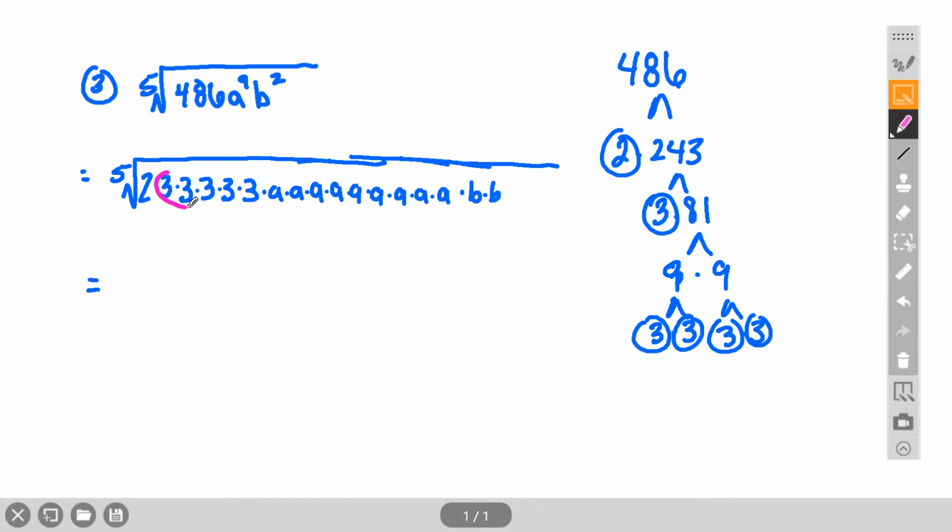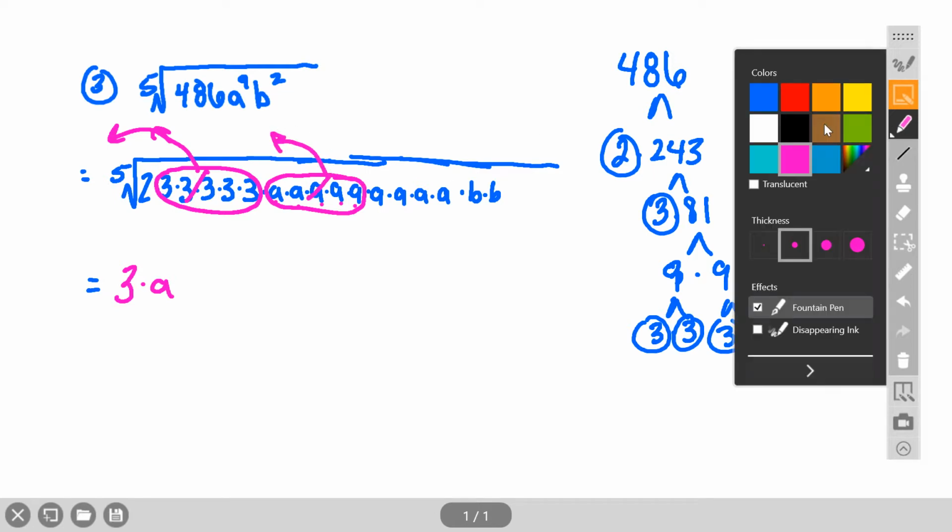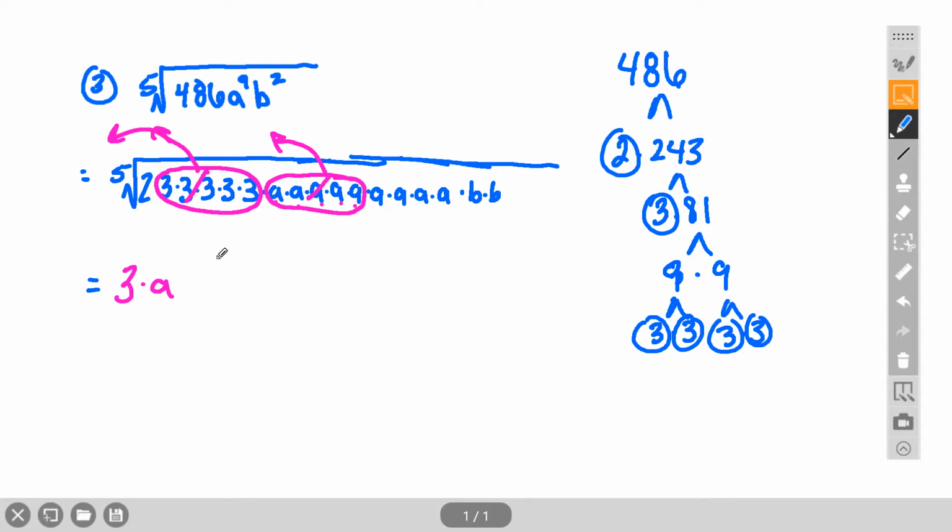So there's 3 5's here. The first thing I can take out is a 3. There's 5 a's here: 1, 2, 3, 4, 5. So next I can take out an a. And that's it. That's all that's coming to the outside.